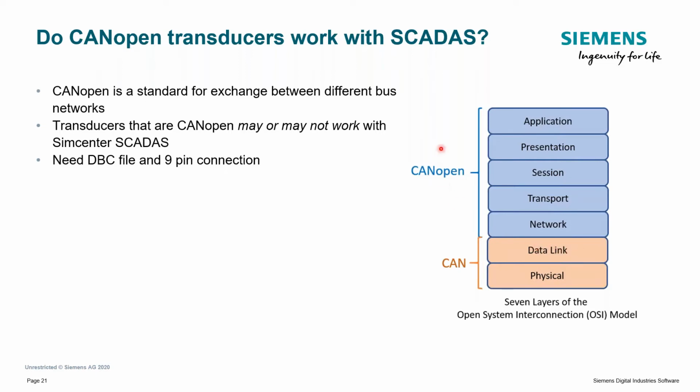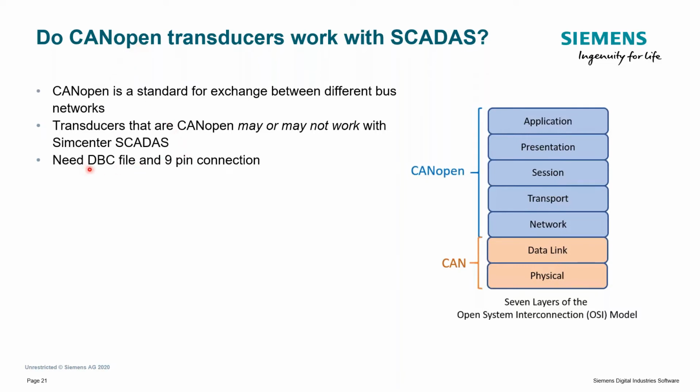So just because you're using the CANopen standard, that doesn't necessarily mean that the CAN part of that follows. And actually within here, there are different implementations of CAN. Some don't use a DBC file. So at the end of the day, if you hear, okay, I got some transducers that are CANopen, will they hook up to my SimCenter SCADAS?